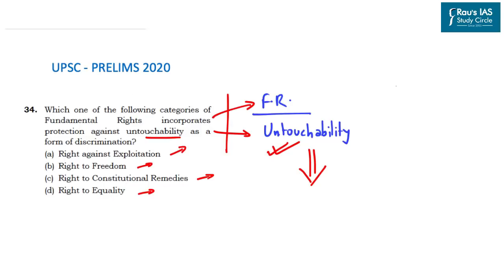Now, to answer this particular question based on different fundamental rights, you need to have conceptual clarity not only about different important fundamental rights such as right against exploitation, freedom, equality, etc., but also what are the important rights within those rights. For example, if we pick up right to freedom, then you must know what are the different rights which are available under right to freedom.